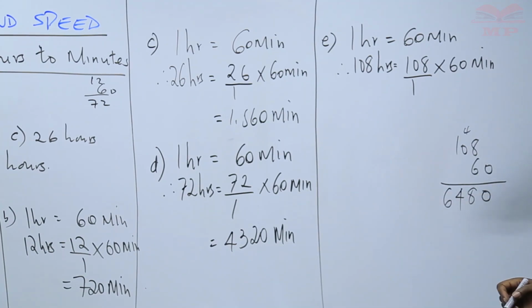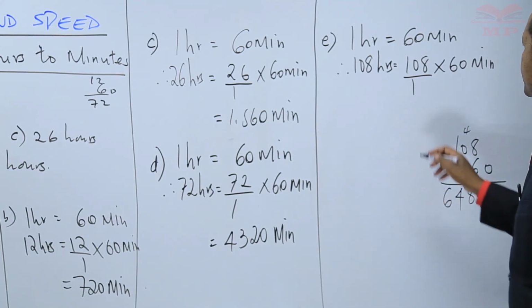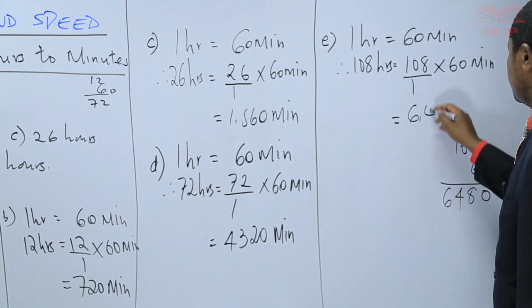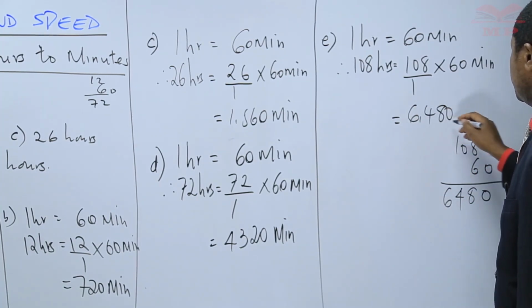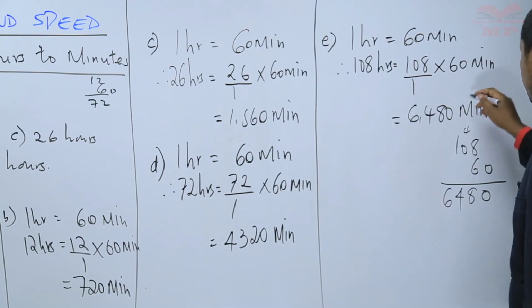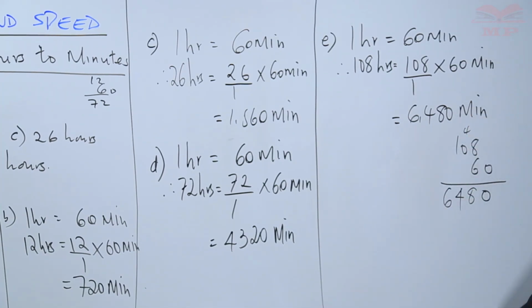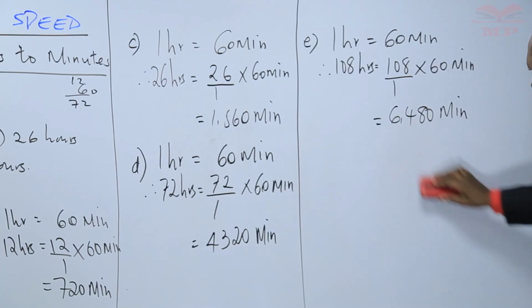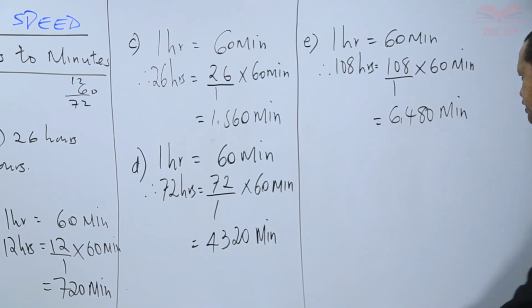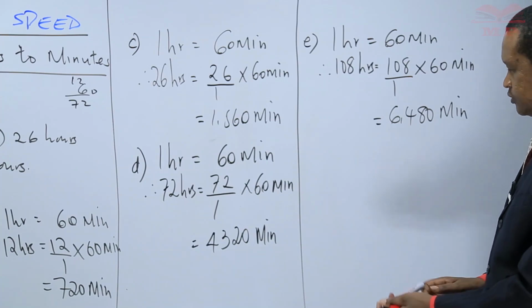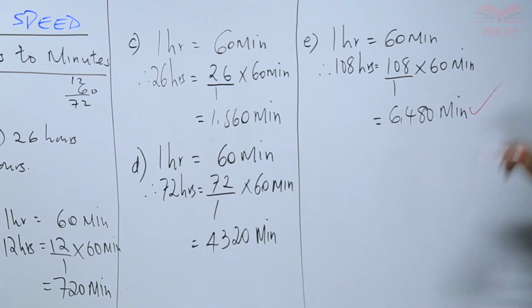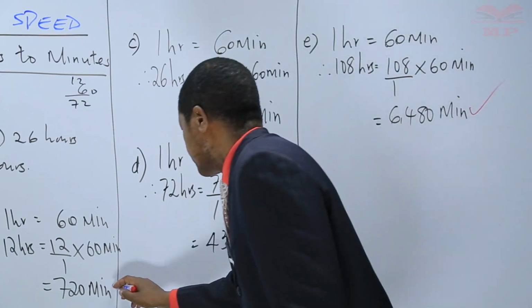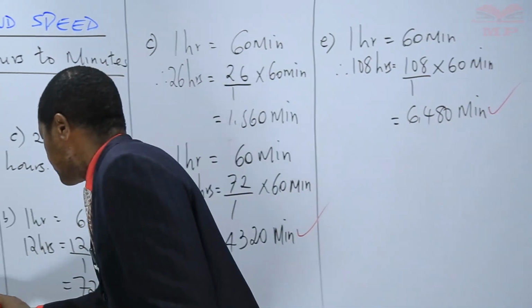Then there is 0 there. So 108 hours will be equal to 6,480 minutes. So this is correct, this one is correct, and this one is correct.